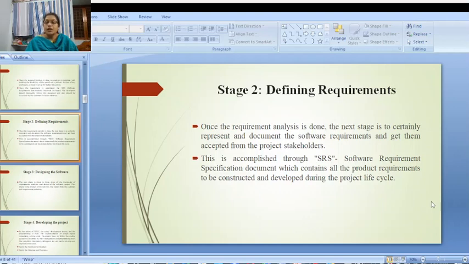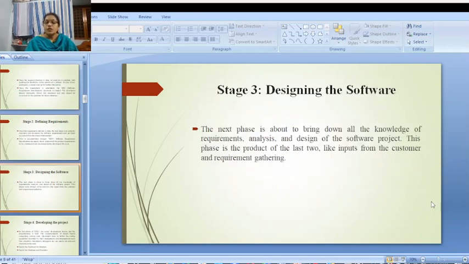Coming to the next stage, that is the designing stage. It is also a very important stage in SDLC, where, using all the requirement specifications, the team members will start designing the software. In this next phase, it is about bringing down all the knowledge of requirements, analysis, and design of the software project.